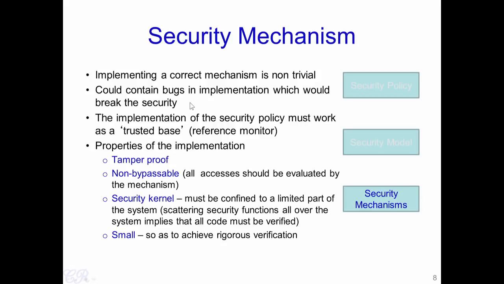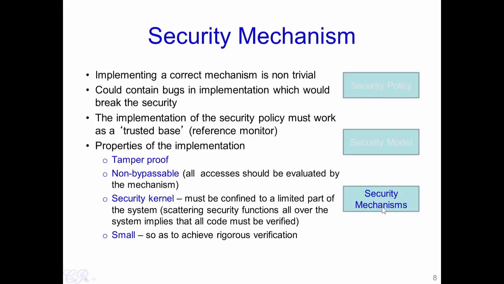This is because if there are bugs in the implementation of the mechanism, then it would be possible for attackers to exploit those bugs and gain unauthorized access to that system. Second, the implementation of the security mechanism should be the trusted base.